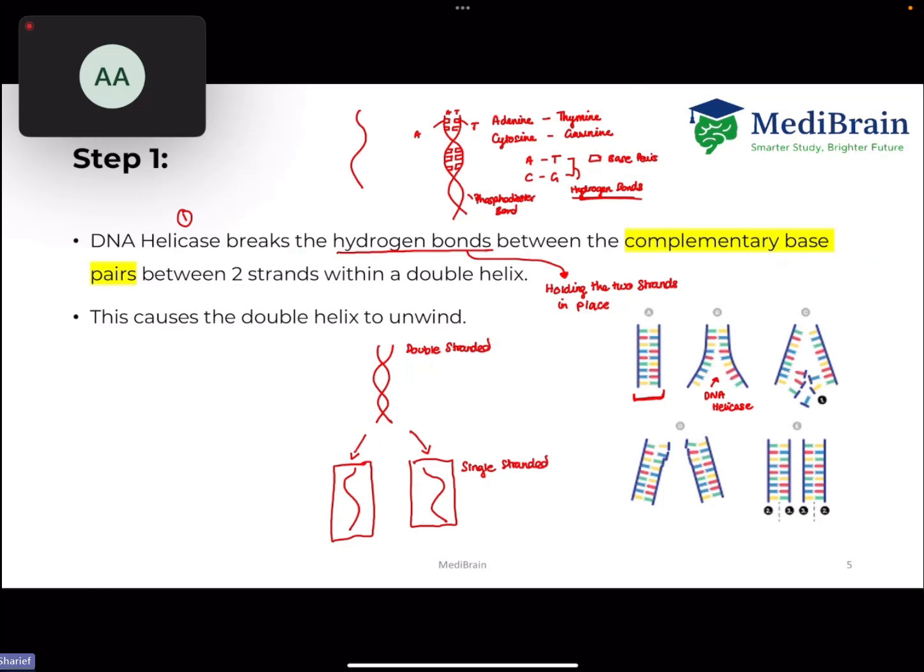And that's step one. Remember the key detail: DNA helicase breaks the hydrogen bonds between the complementary base pairs of DNA, and this causes the double helix to unwind, i.e., it's becoming from double-stranded into single-stranded DNA.